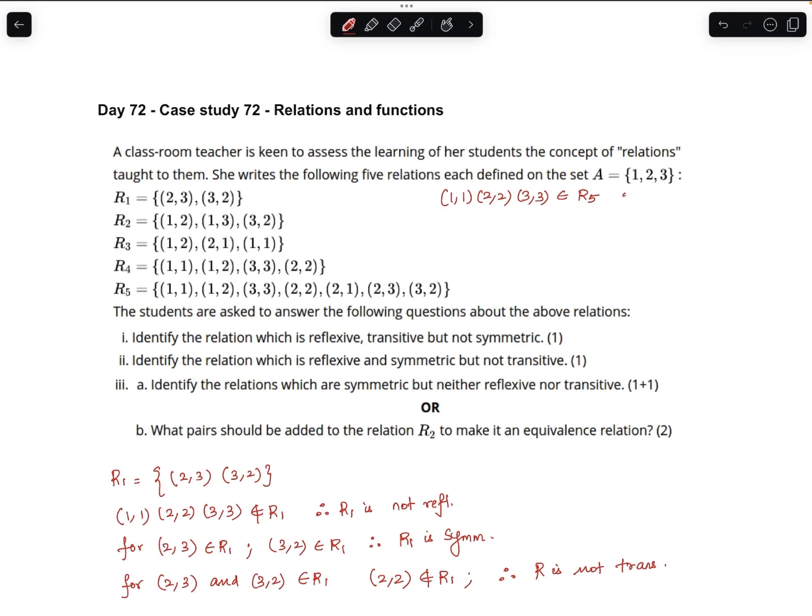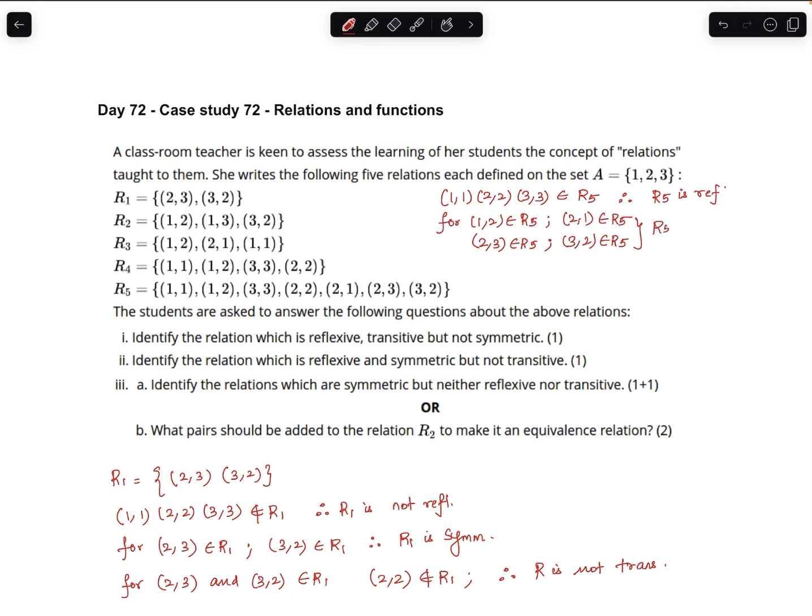For the relation R5, 1, 1, 2, 2, 3, 3 are present in R5. Therefore, R5 is reflexive. For 1, 2 in R5, there is a 2, 1 also in R5. Similarly, for 2, 3 in R5, there is 3, 2 in R5.